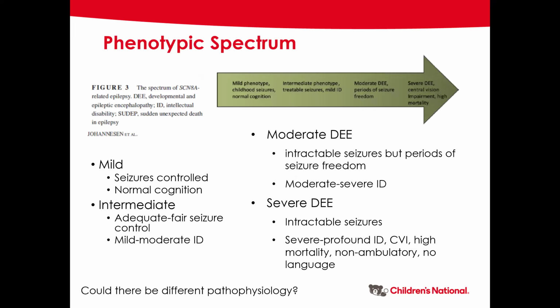So the phenotypic spectrum, and this was from work from Katrine Johannesson and Elena Gardella. It's a spectrum, as with a lot of our genetic epilepsies, ranging really from mild all the way to a severe developmental and epileptic encephalopathy.